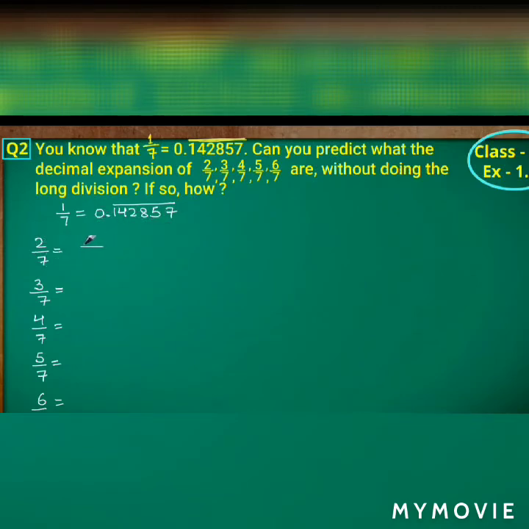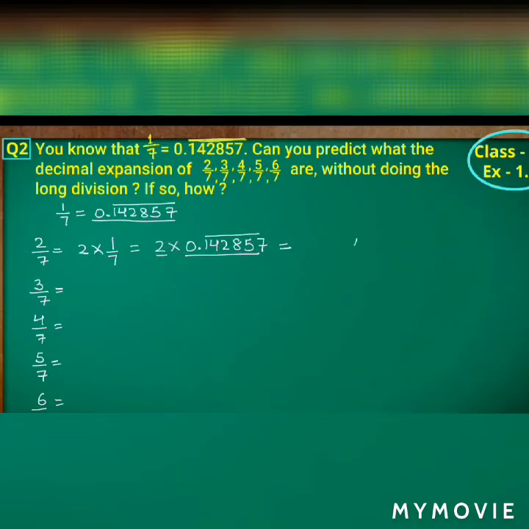So how can you find 2 by 7 here? It can be written as 2 into 1 by 7. Anyways, we know the value for 1 by 7. Just we'll substitute here, that is 2 into 1 by 7 value is 0.142857 bar. Since it is going to be repeated so many times, I have kept the bar for 142857.